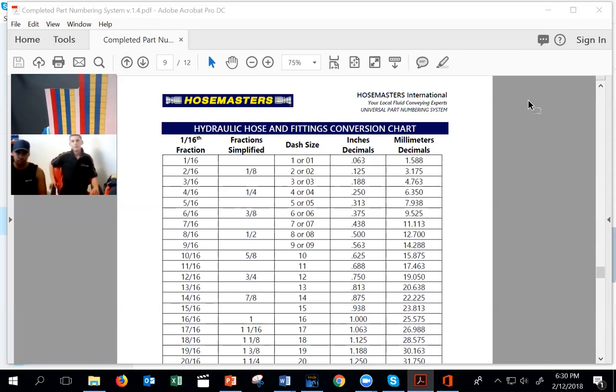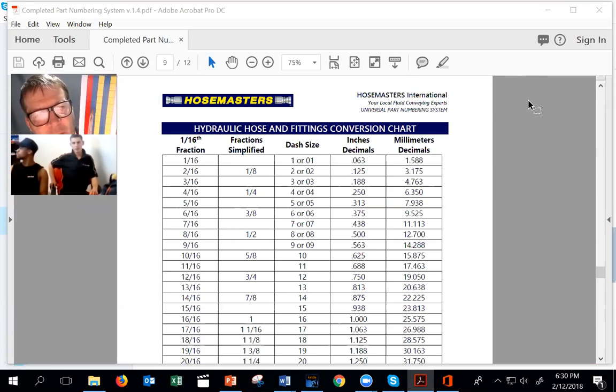But for your benefit, red always tells you what the shape is, A, B, C, D, E, F. And when you look at the part numbering system, you'll see that. Blue will always tell you the thread, and yellow always tells you the size. So what we're going to deal with today is the yellow, the size.